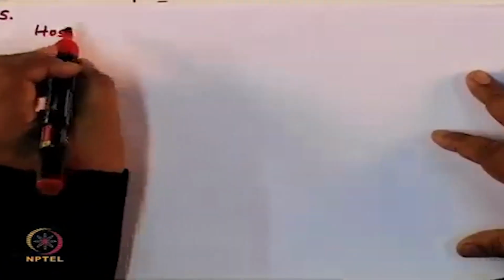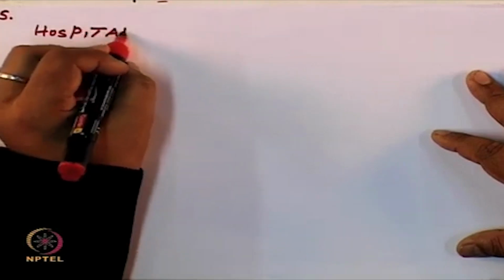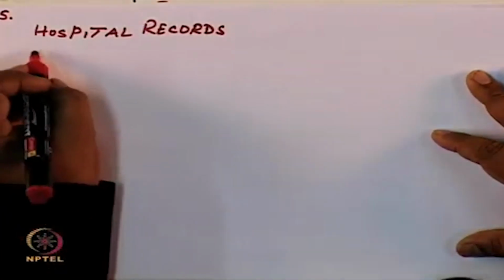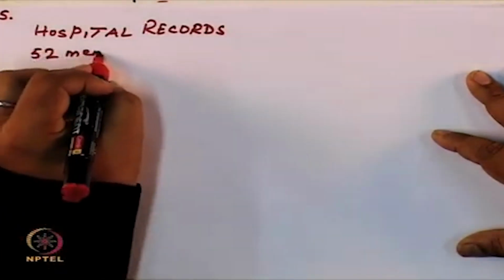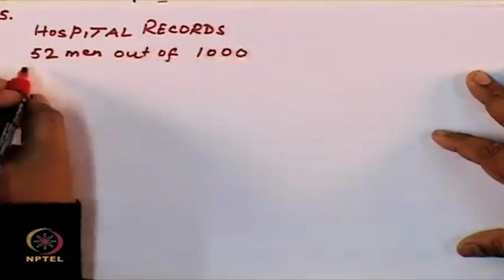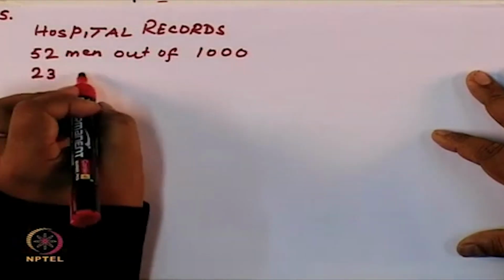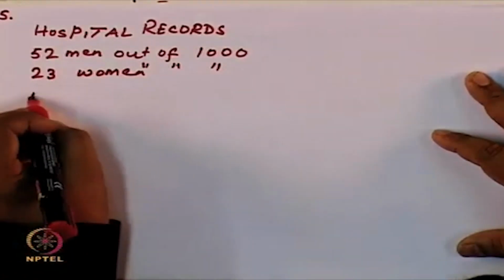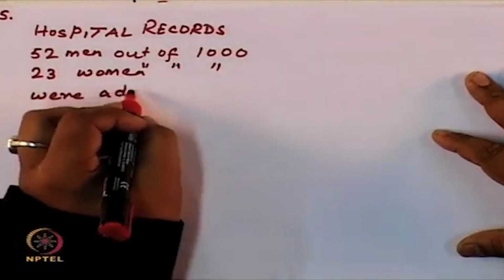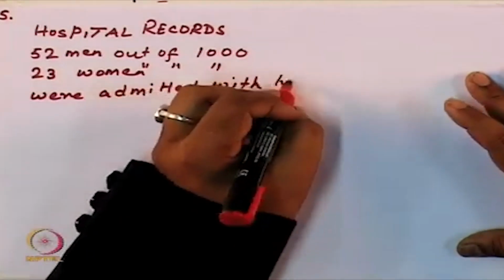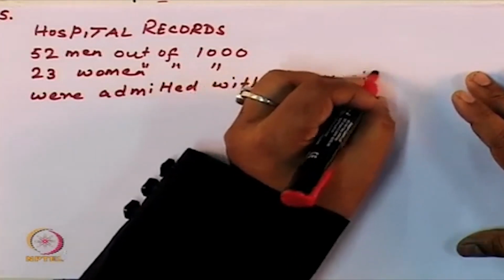Imagine in the hospital records of a given hospital suggest that 52 men out of 1000 and 23 women out of 1000 were admitted with heart disease, heart ailments.